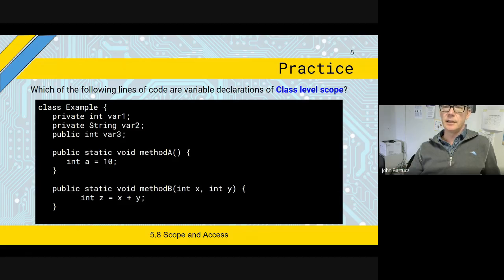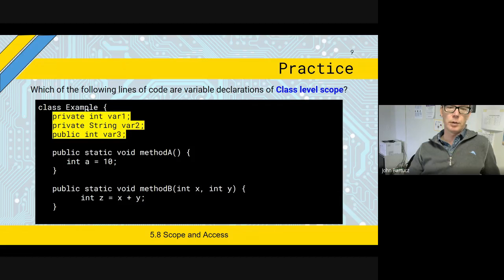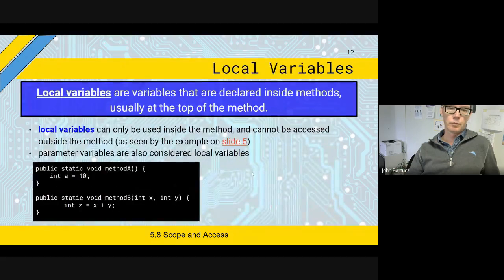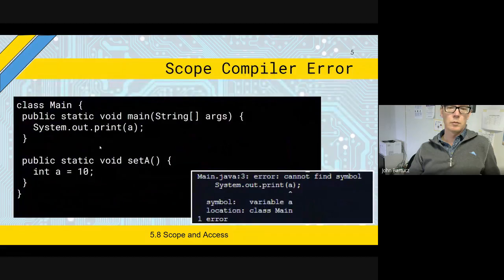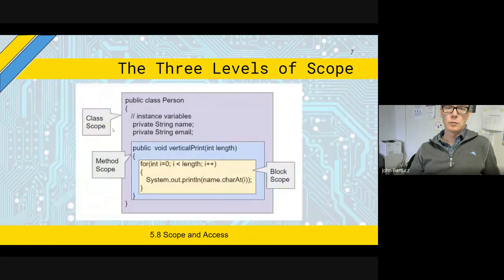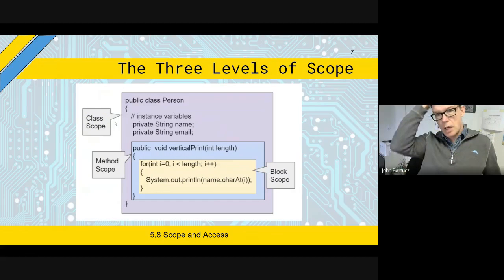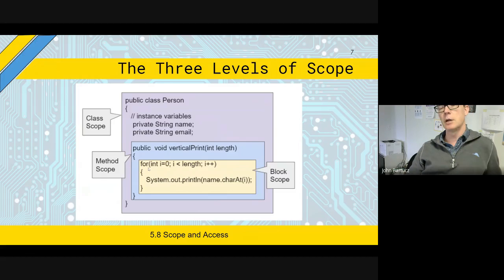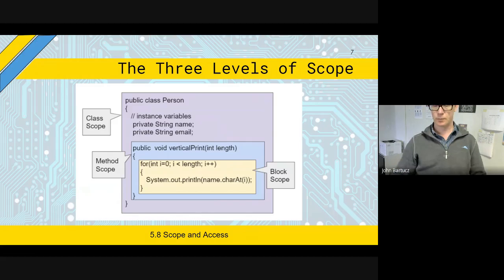And then lastly, there's something called block scope. Block scope is just for one specific block of code. So that variable I dies as soon as that for loop is over. I can't even do this.